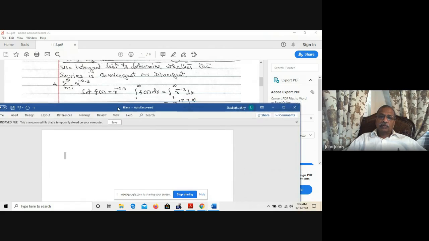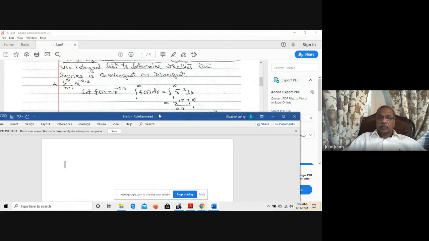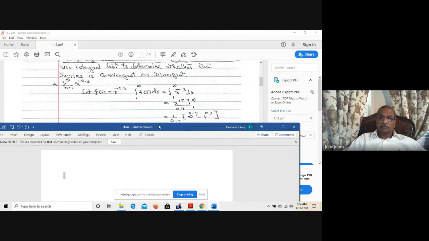Now you evaluate the integral from 1 to infinity of f(x) dx, which is the integral from 1 to infinity of x to the power of negative 0.3 dx. Apply the power rule: x to the power of negative 0.3 plus 1 over negative 0.3 plus 1, that is x to the power of 0.7 over 0.7, from 1 to infinity.